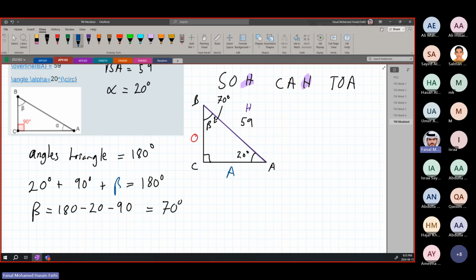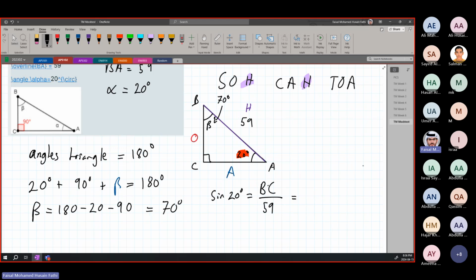This is the angle we're doing our SOHCAHTOA with. So very simply, sine of 20 degrees is equal to the opposite, BC, over BA, the hypotenuse, which is 59.